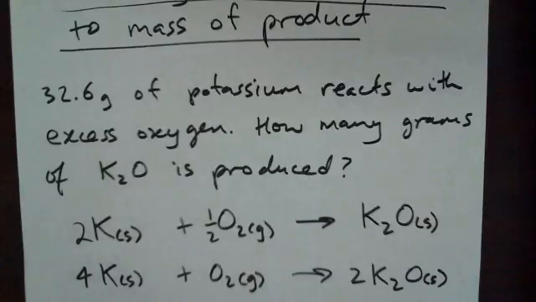potassium oxide. Now, in order to work with these equations, we have to calculate the number of moles of potassium. When you calculate the number of moles, forget the stoichiometry, at least for this first part. We use this formula: number of moles equals mass over molar mass.